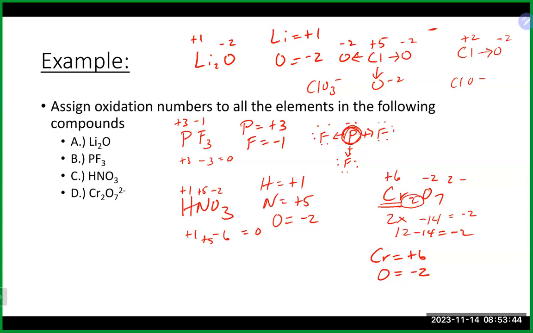But again, because of the sharing of electrons, the difference in electronegativity, and what elements they're sharing with in these molecular covalent compounds, this is why we end up with positive oxidation numbers or states for certain elements that we sometimes associate as negative. Any questions on oxidation numbers or anything like that?